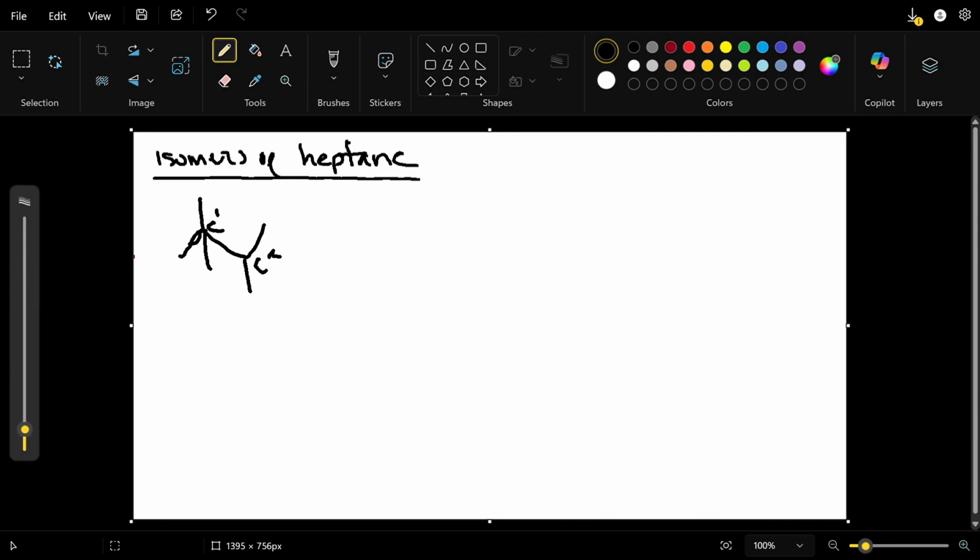That way it's easier to put it in Newman structure. So hydrogen, hydrogen, hydrogen. Or wait, let me just do it a little easier. CH3, CH3, CH3.